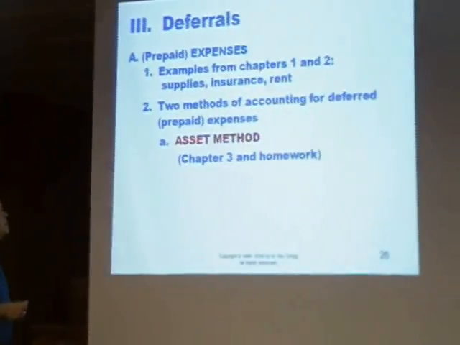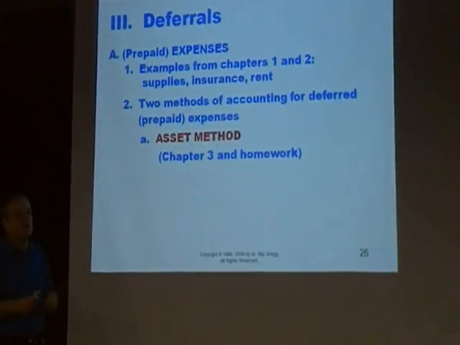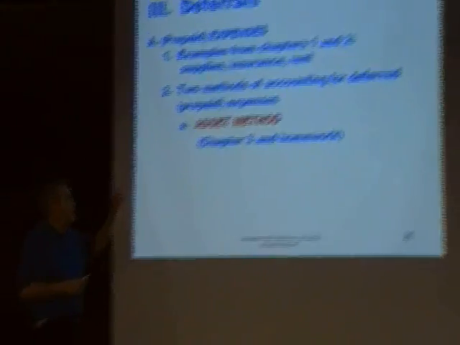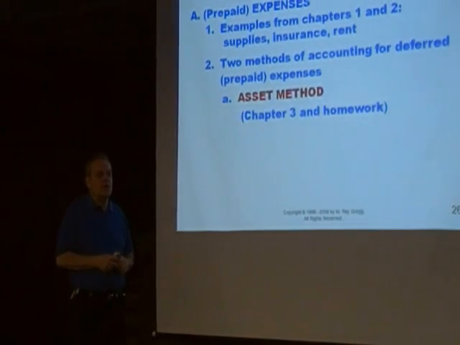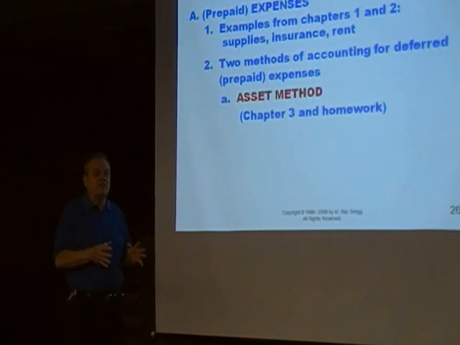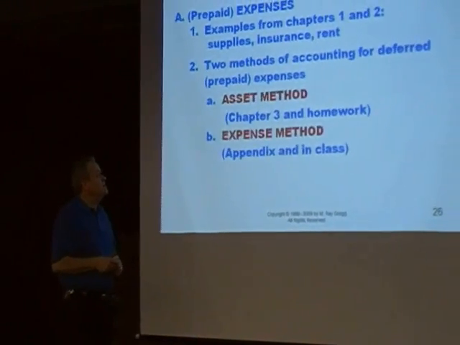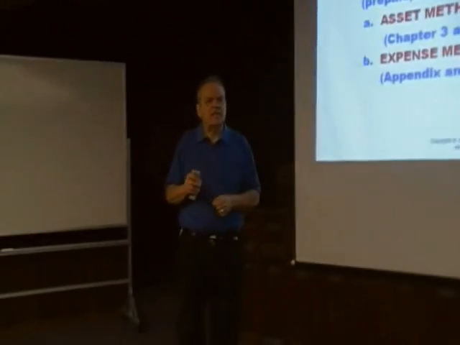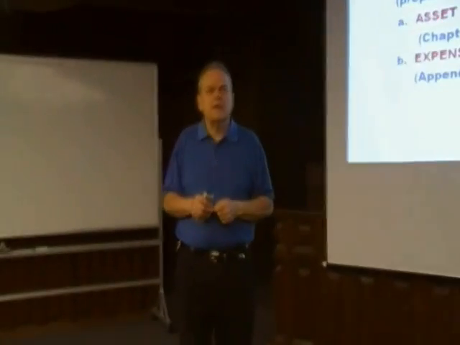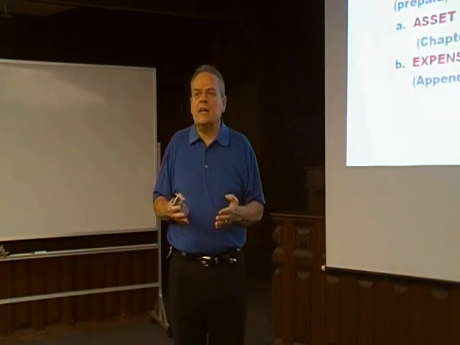There are two acceptable ways to account for deferred expenses. They are called the asset method, which has been presented in our book the most and is emphasized the most in the chapter and in your homework, and the expense method, which is presented in an appendix in the book and we will be emphasizing in class.